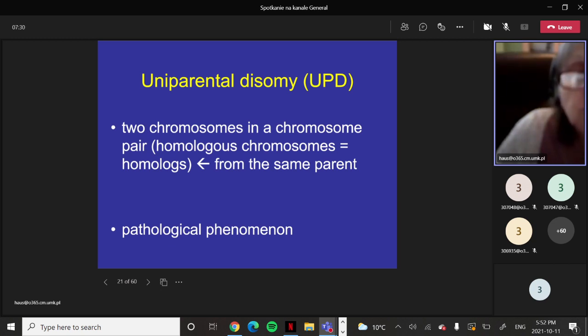It means that two chromosomes in a chromosome pair, so-called homologous chromosomes, originate from the same parent. Yes, the normal situation is that one of these chromosomes originates from one parent, the second one from the second parent. Yes, but here from the same parent.